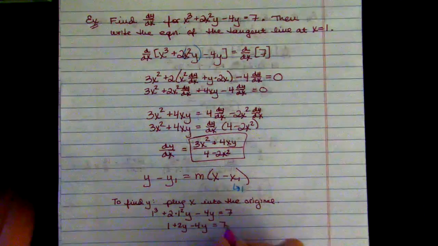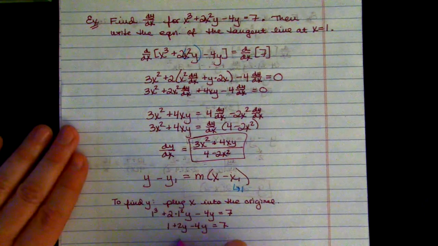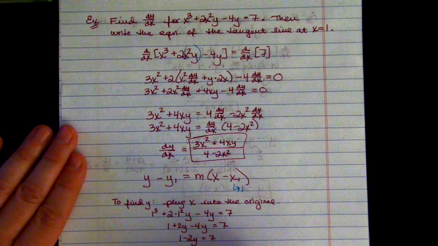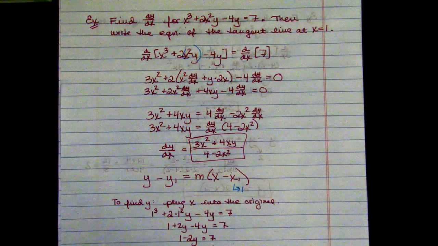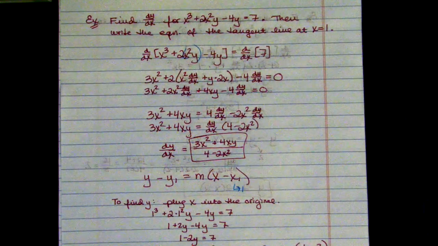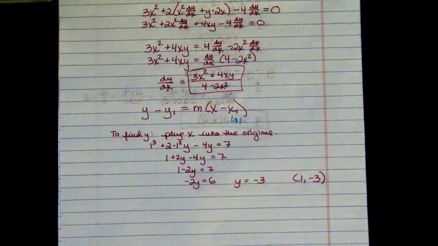How about you go finish that and figure out your y value. And when you have it, tell me what the y value is. Let's see, 1 minus 2y equals 7, negative 2y equals 6. I'm thinking y is negative 3, which means our point is (1, negative 3). Oh, you can't see that, sorry. Our point is (1, negative 3).